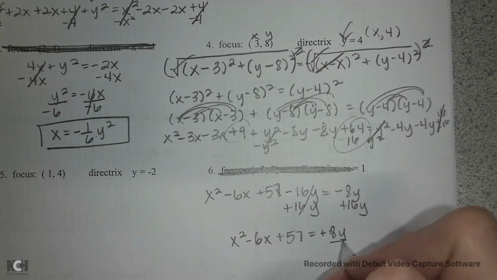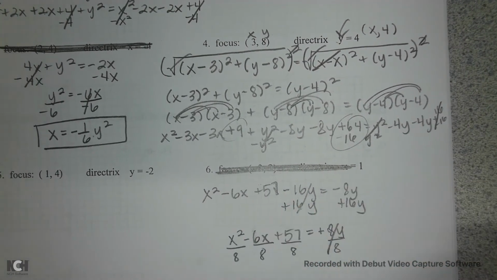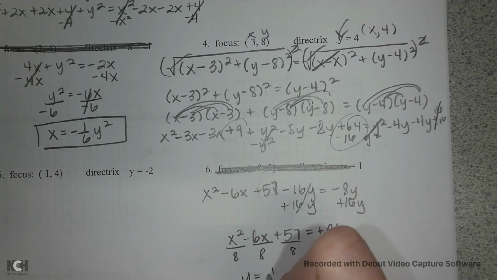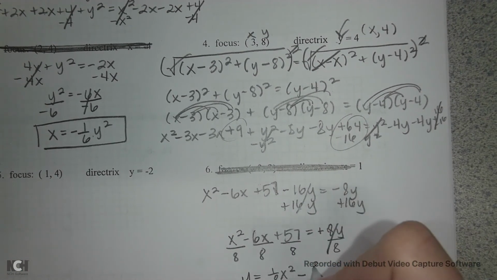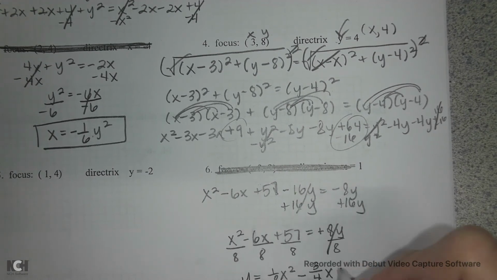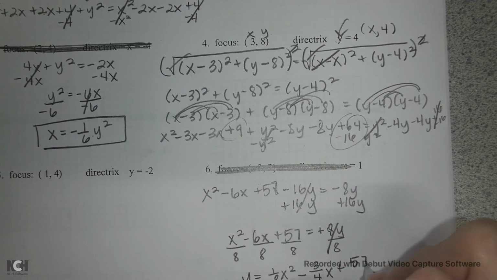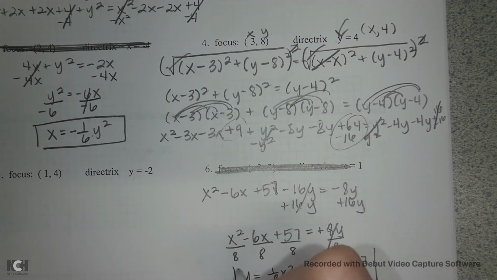So then we're solving for y, so we're going to divide everything by 8 and reducing where we can. So y equals 1/8 x squared minus, 2 goes into 6 3 times, and 2 goes into 8 4 times. And 57 eighths isn't going anywhere.